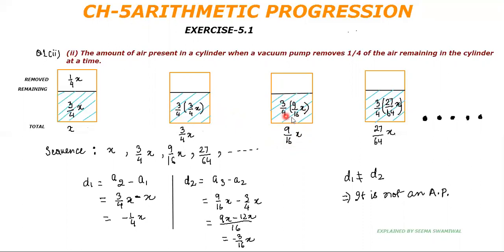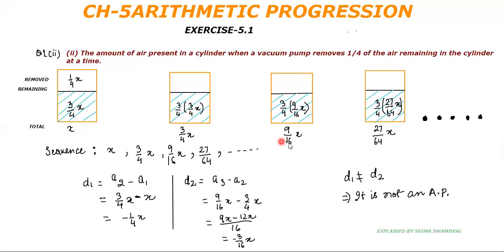Now what do you have in the cylinder? You will have 27/64 of X. So this is the remaining, and when you pump, 3/4 of what is present in it will remain, that means 3/4 of 27/64 X. Whatever is inside the cylinder, 3/4 of it will remain and 1/4 will be removed. So if it was X, then 3/4 remains. If it was 3/4, then 3/4 of that remains.